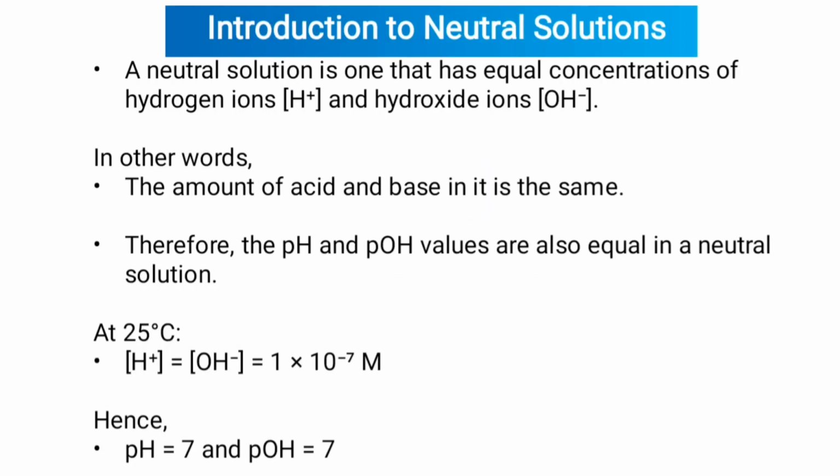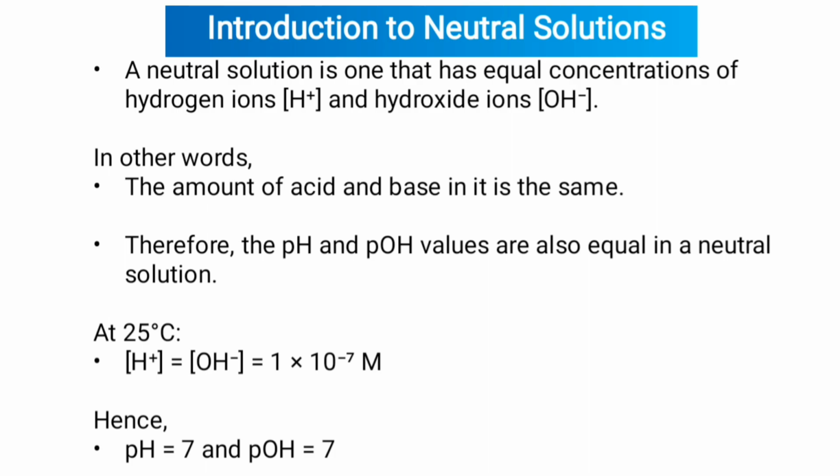Introduction to neutral solutions. My dear student, a neutral solution is one that has equal concentrations of hydrogen ions, meaning concentration of H+ ion, and hydroxide ions, meaning concentration of OH- ion. In other words, the amount of acid and base in it is the same.